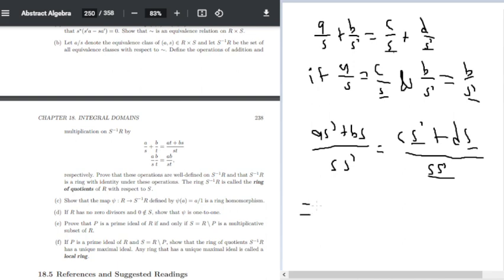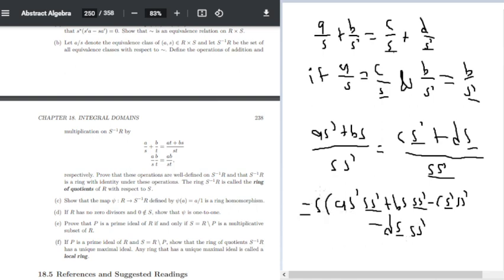So this is basically saying that there exists, so A S prime SS prime bar plus B S SS prime bar minus C S bar S prime minus D S bar SS prime.